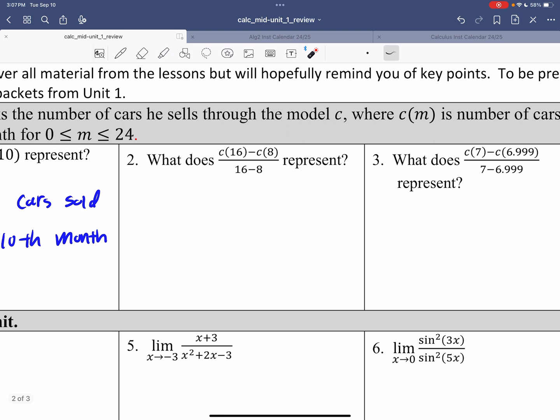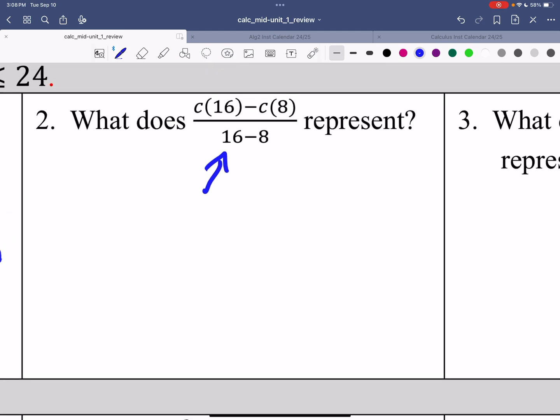And second, now this one is a slope formula, right? So what does this represent? Slope always means a rate, which means a speed. And you want to find the average speed between 8 and 16.